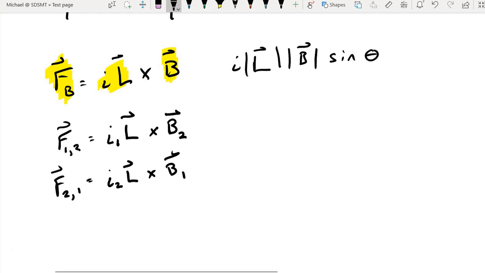The two vectors involved are the length vector and the field vector, and then sine theta is the angle relationship. And so for force F12, the magnitude of F12 should be current I1 times the magnitude of L, which is L, times the magnitude of B2, which would be B2, times the sine of the angle that exists between those vectors.